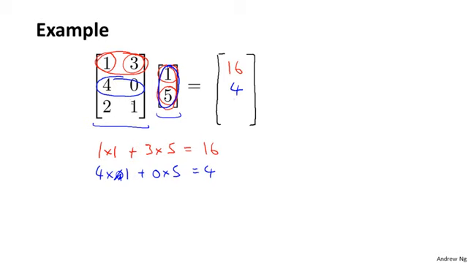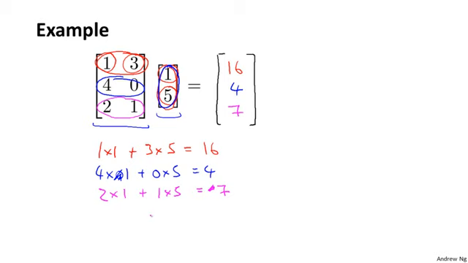And finally, for the last one, I have 2, 1 times 1, 5. So I have 2 times 1 plus 1 times 5, which is equal to 7. And so I get a 7 over there. Okay?